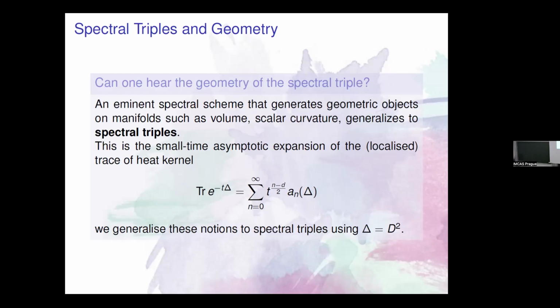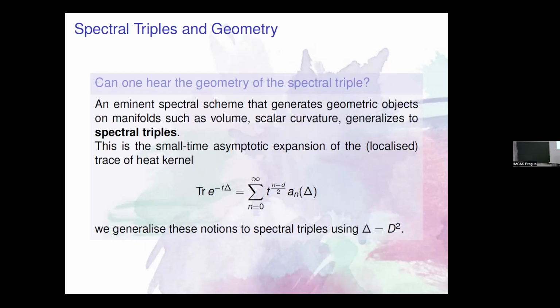Why the notion spectral? Because it's very close to what one can consider as spectral geometry: looking at the geometry through the spectral properties of some object, like operators, the Laplace operator, the Dirac operator, or just the algebra. Now, the spectral triple, I might write something here on the blackboard.